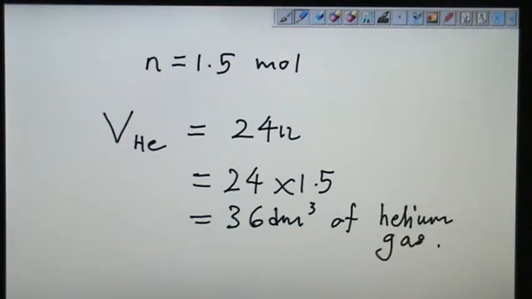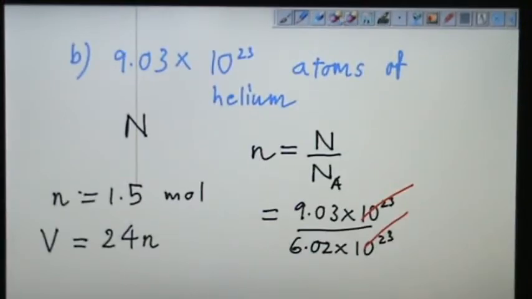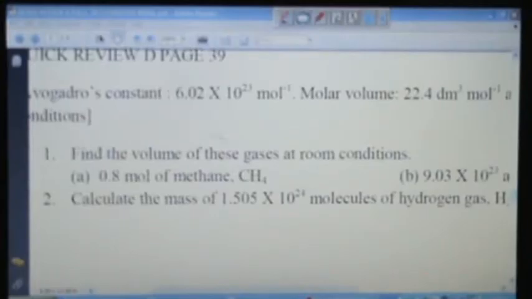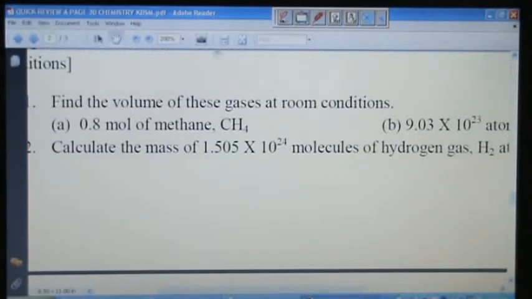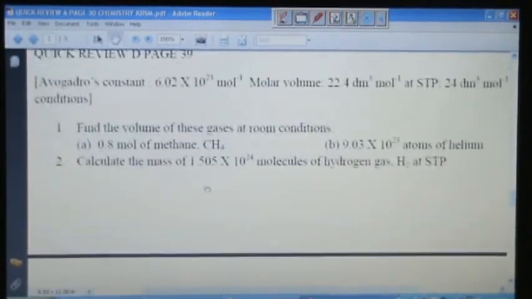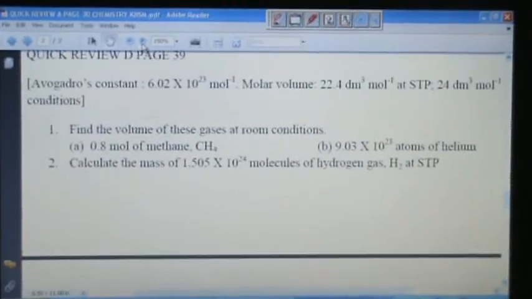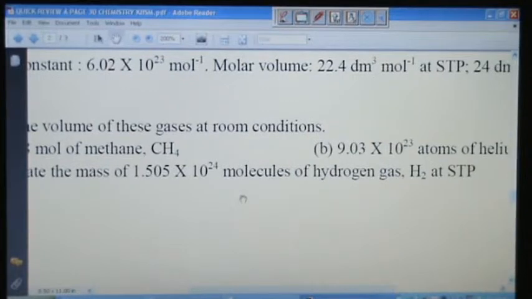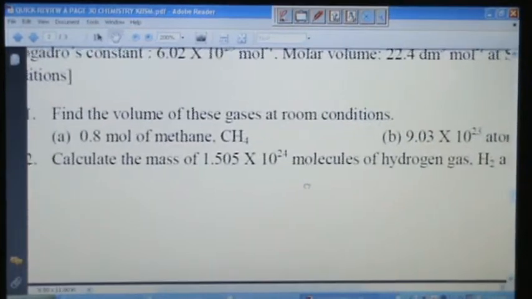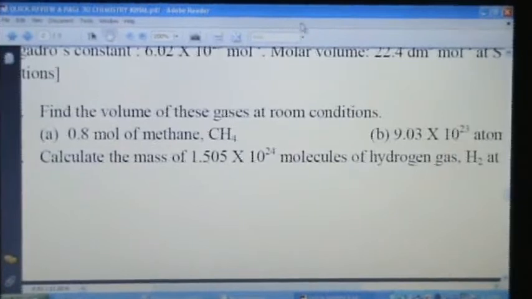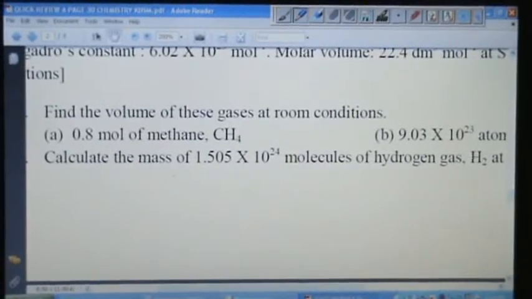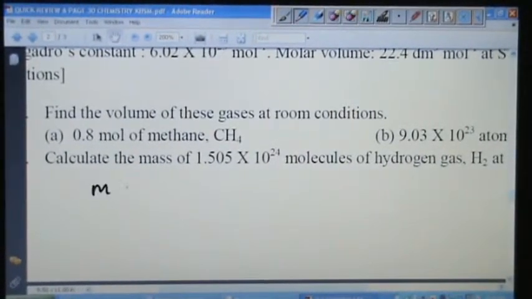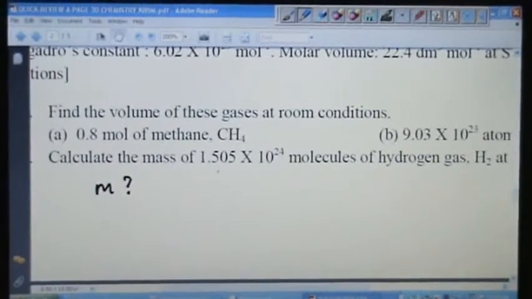Alright, let's move on to question number 2. Calculate the mass of 1.505 times 10 power 24 molecules of hydrogen gas at STP. What they really want is mass, so put mass, question mark. Always do that in a question.